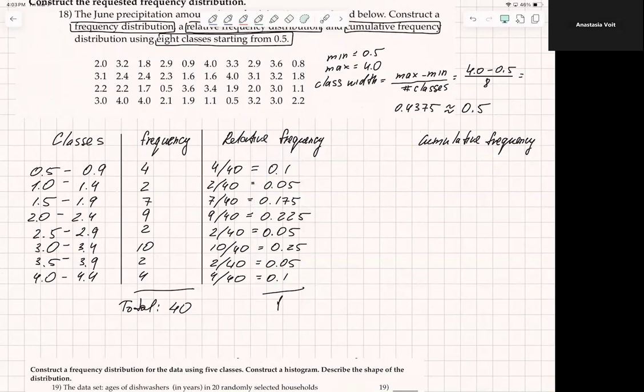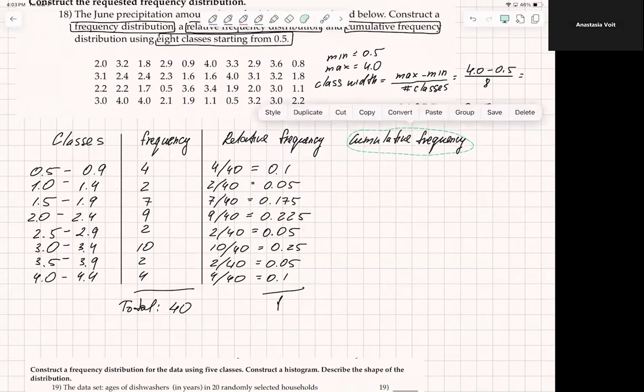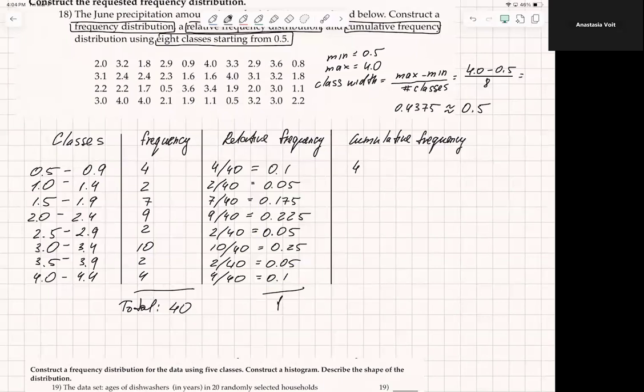Now cumulative frequency, remember that we start with the smallest value, right? And we start adding the values to the next as we move down with the classes, right? So the first class, the frequency was 4, so we keep it as 4. Next one, we have 2, right?